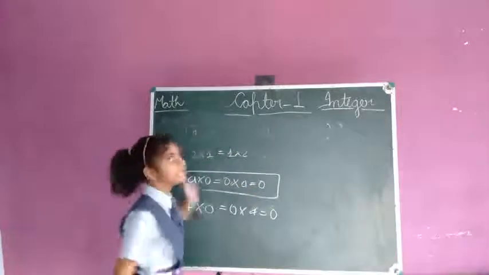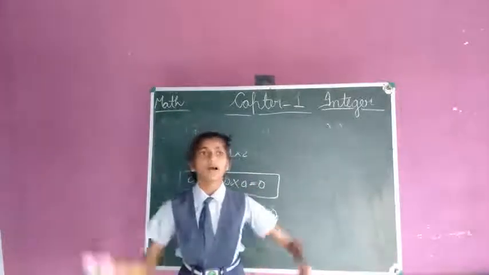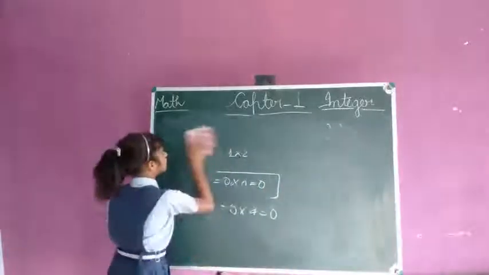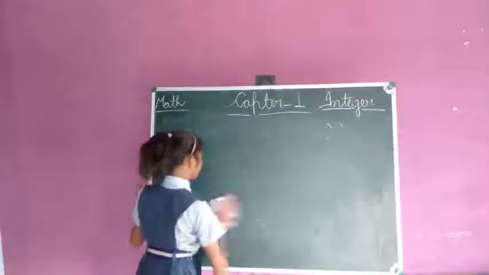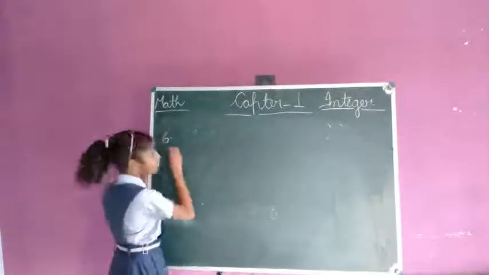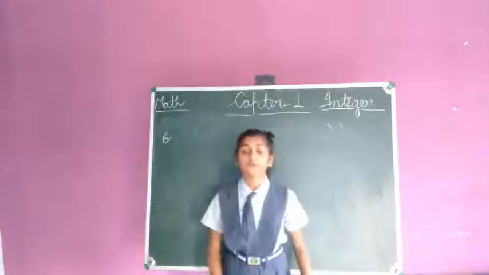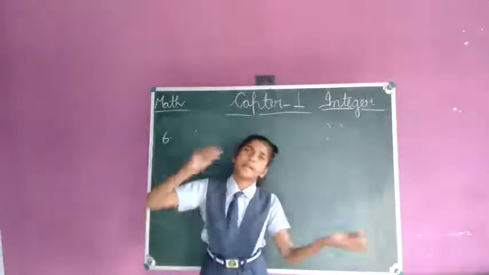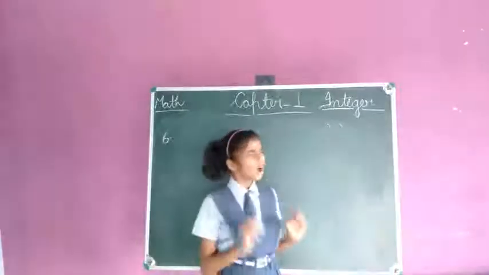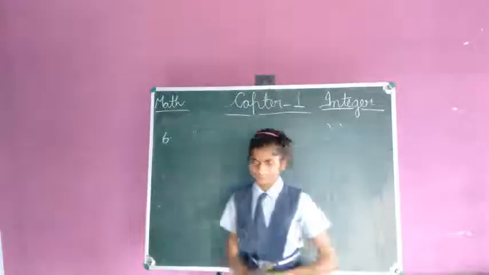It is distributive property of multiplication over addition. It is our property number 6. What? Distributive property of multiplication over addition. What is distributive property?